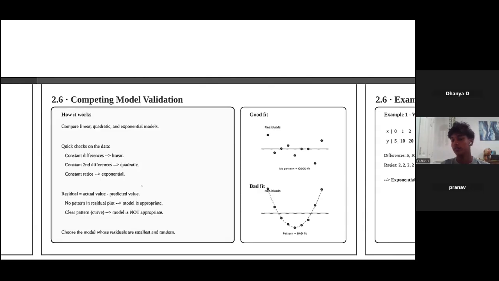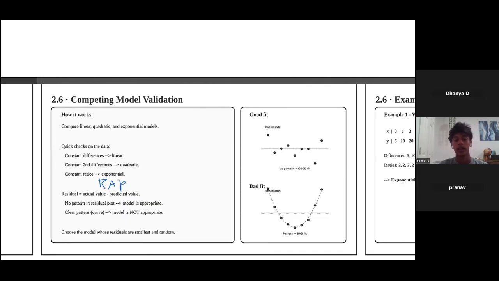Residual, now you guys need to remember this: residual equals actual minus predicted. You can't mix it up with predicted minus actual, or you'll get it wrong. The analogy for this is RAP: residual equals actual minus predicted.